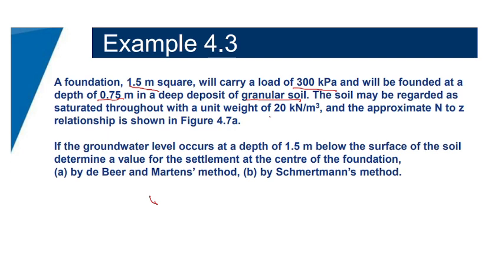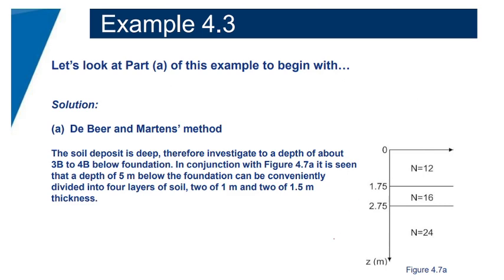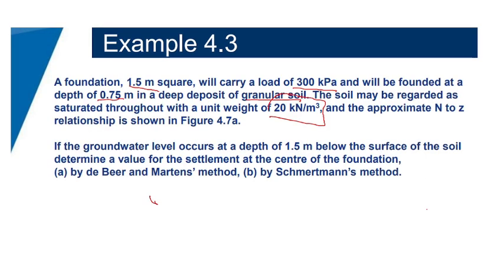The unit weight is 20 kilonewtons per cubic meter, and the approximate N to Z value is given here, meaning during the SPT, the first 1.75 meters has N equal to 12, then N equal to 16 for the succeeding layer, and the remaining layer is 24. In other words, this one is strongest. The more blows you have, the stronger your soil. The water level is 1.5 meters below the surface of the soil.